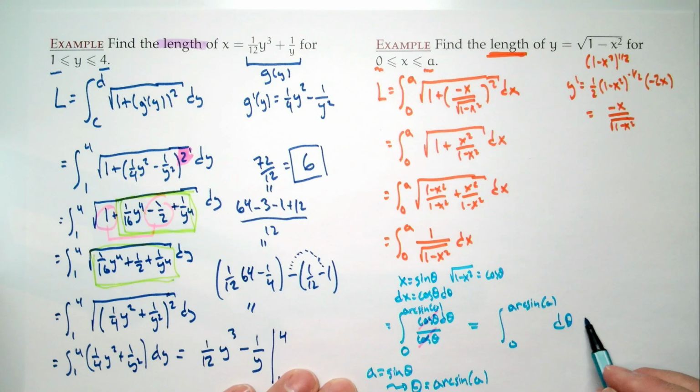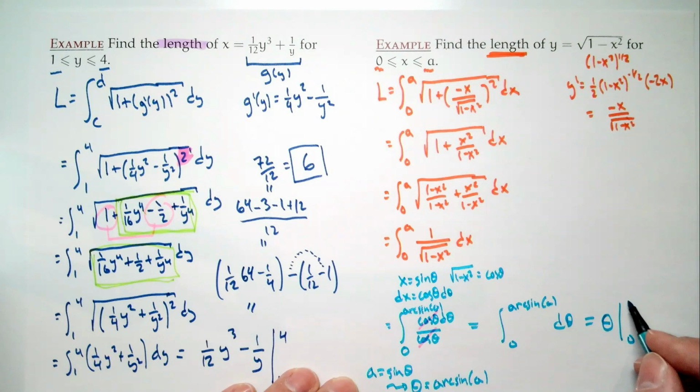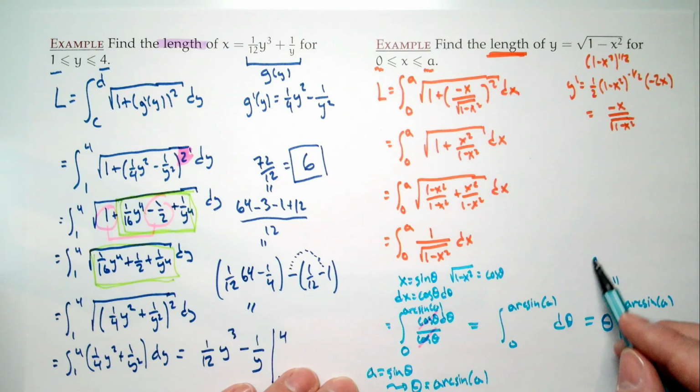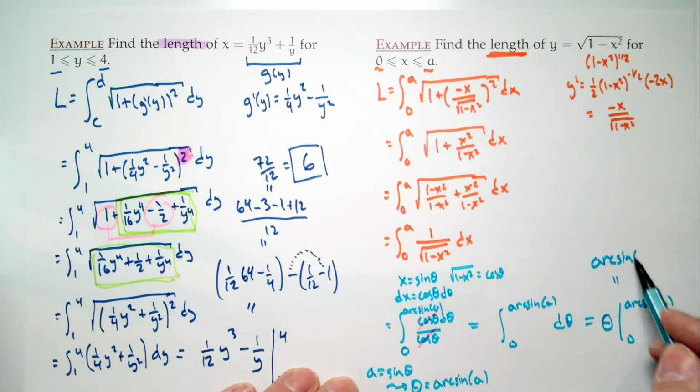Well, what's the integral of d theta? It's theta. And we're going to evaluate from 0 up to arc sine of a. And if we evaluate that, what do we end up with? Arc sine of a. And that's our answer.